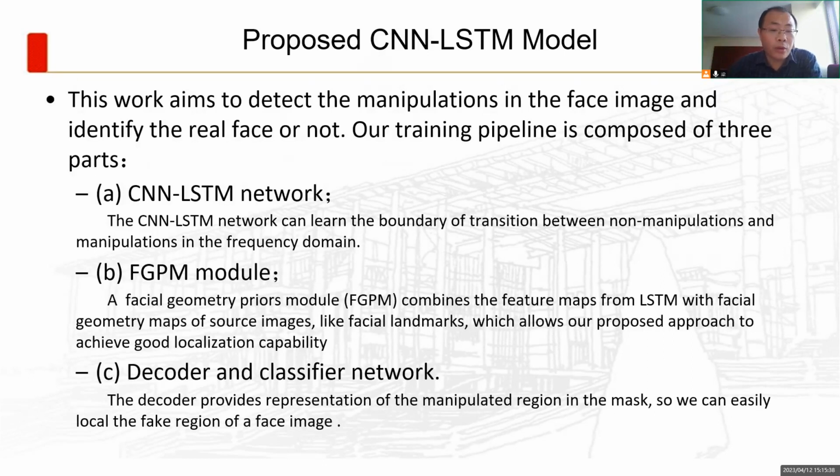The CNN-LSTM network can learn the boundary of transition between non-manipulations and manipulations in the frequency domains. The FGPM models combine the feature maps from the LSTM network with facial geometric maps of face images, like facial landmarks, which allows our proposed approaches to achieve good localization capabilities. The decoder provides representations of manipulated regions in the mask, so we can easily locate the fixed region of face images.